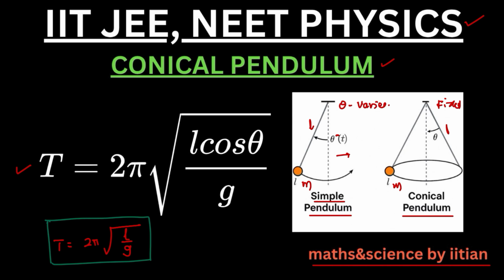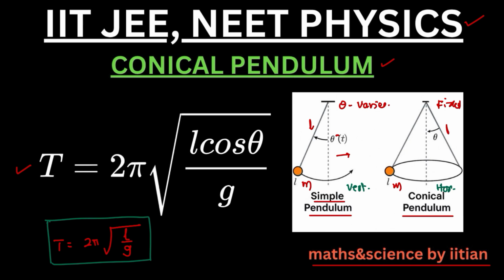It is in the horizontal circle, it is in the vertical circle, and the time period for a conical pendulum is 2 pi into square root of L cos theta by g. Here cos theta is fixed, whereas in a simple pendulum theta is not fixed. Theta varies with time while the pendulum mass is in motion in a vertical circle.